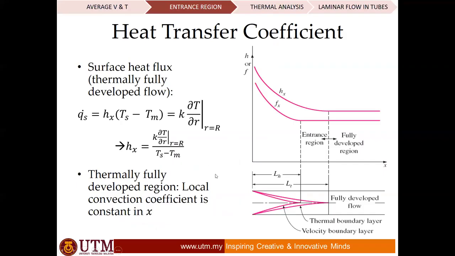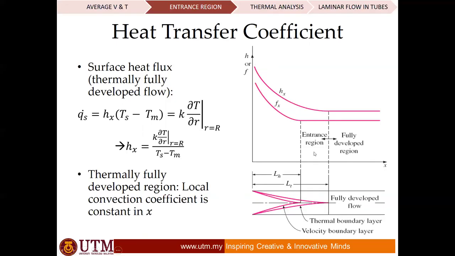It's so important because it affects the heat transfer coefficient. In the entrance region, at the initial start, we have a high heat transfer rate. So let's say you have a heat transfer problem. At the early stage of the flow, that is the region where the heat transfer coefficient is high. Therefore, your heat transfer rate is high. But that is not so long.